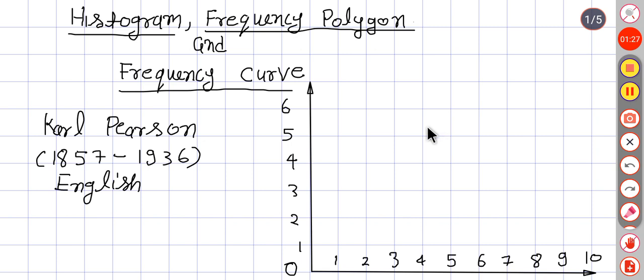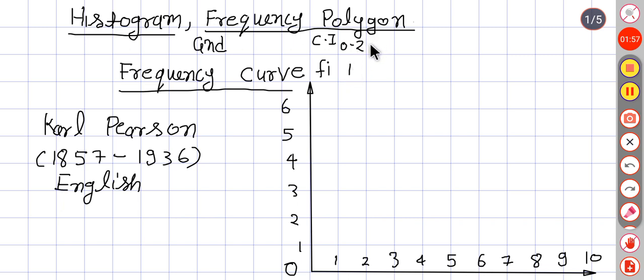Now let us plot a histogram. So first of all you will require data. So I am writing the data. Here I am taking class interval and here frequency. Class interval 0 to 2 and frequency is 1.